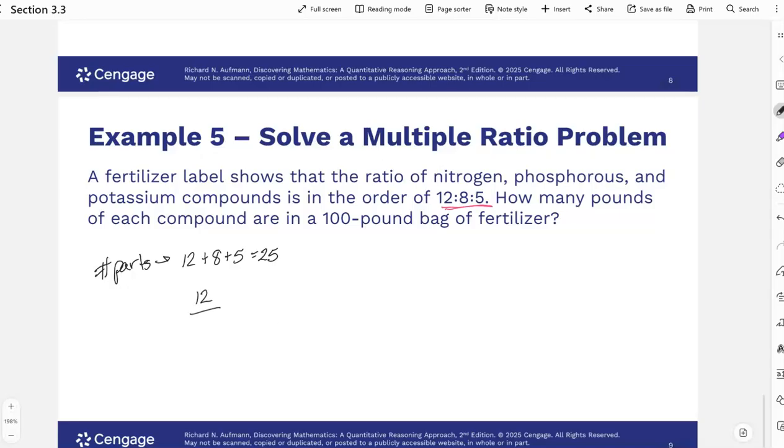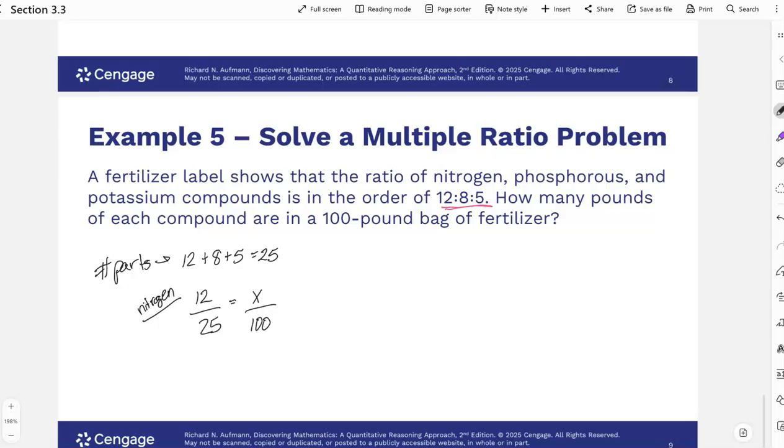So 12 out of 25, this would be for the nitrogen, has to be equal to something out of 100. So that's how we would set up to figure out what that nitrogen compound would be.